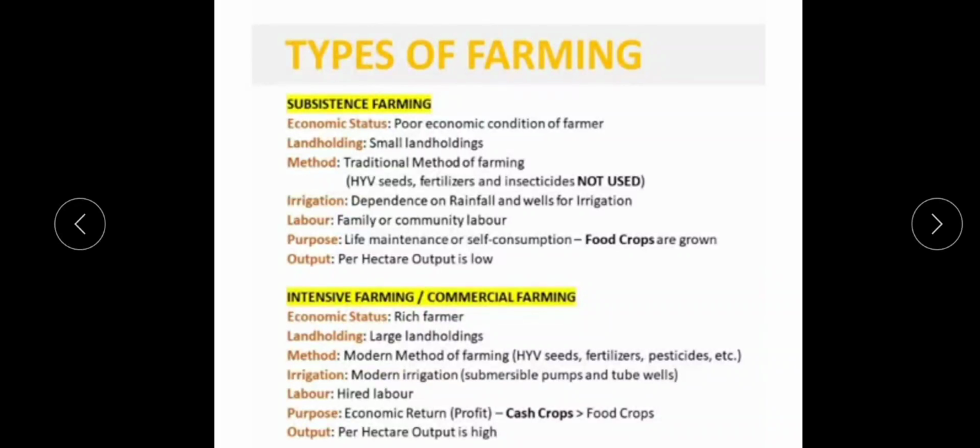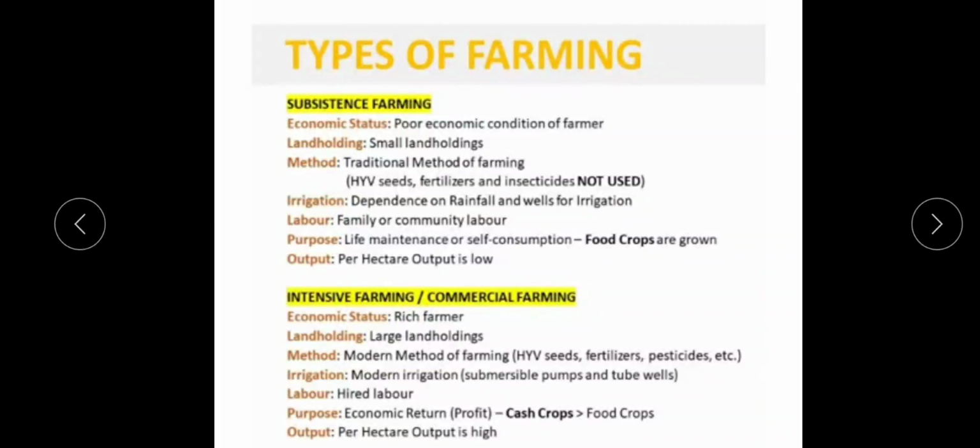If you talk about labor, subsistence farming uses family or community labor, while in intensive farming they hire labor. The purpose in subsistence is life maintenance or self consumption, because they are poor. Food crops are grown, but they are used for life maintenance and self consumption.